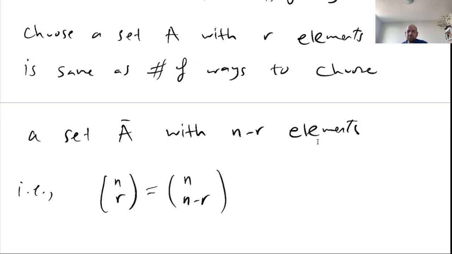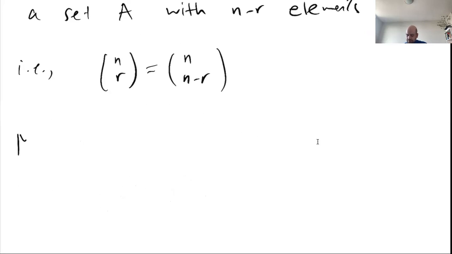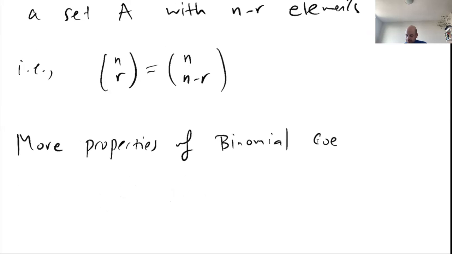Now let's look at more properties of binomial coefficients.